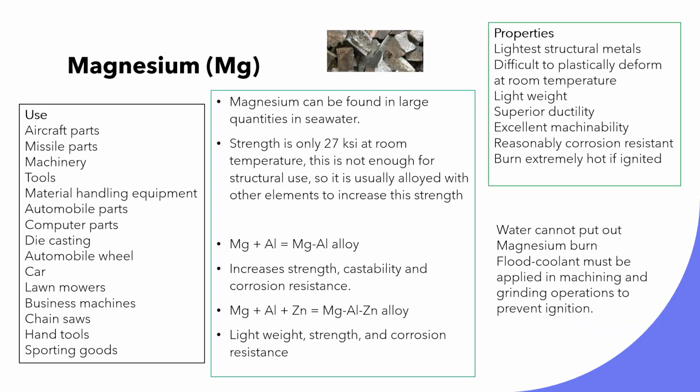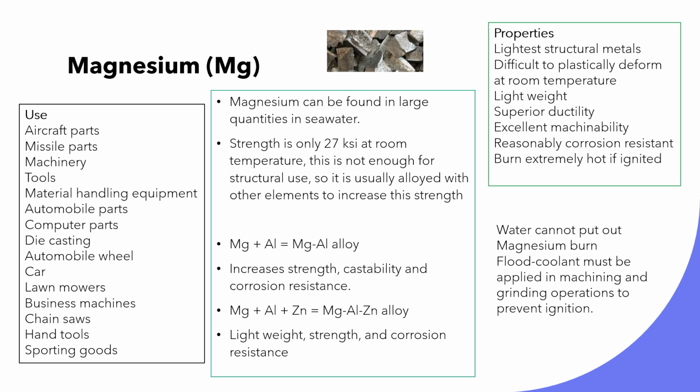Alright, the next metal we're going to study is magnesium, Mg. You can find magnesium in large quantities in seawater. The strength is about 27 ksi at room temperature, and that's not enough for structural use. So you have to make it an alloy with other elements to increase that strength.